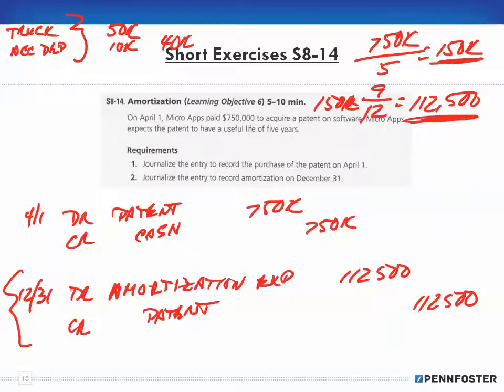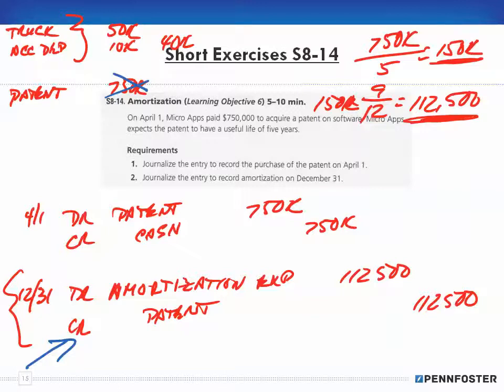Now for this solution, they said, okay, we have a patent, which is the same as booking the truck, for 750,000. But now notice what they did with this journal entry. They took the credit right out of the patent account. So if we made that journal entry, we would end up decreasing the amount of the patent.